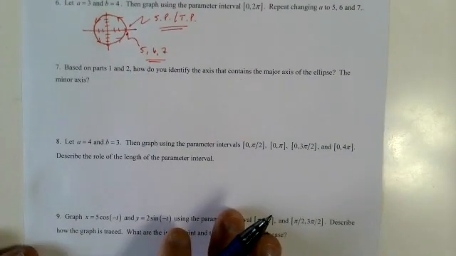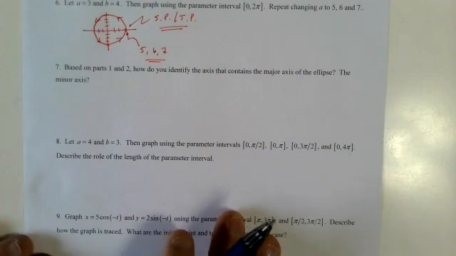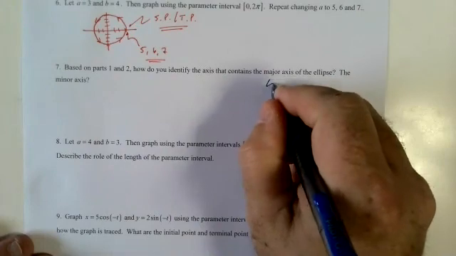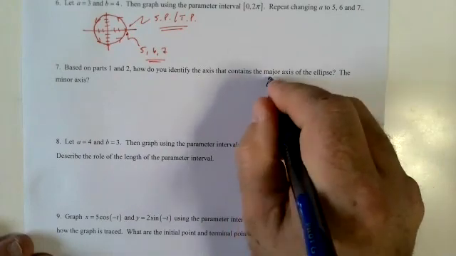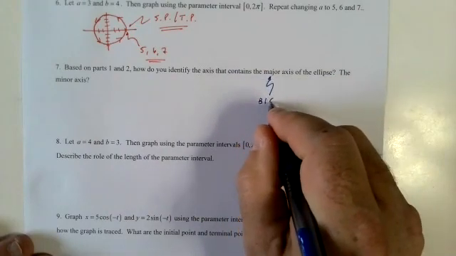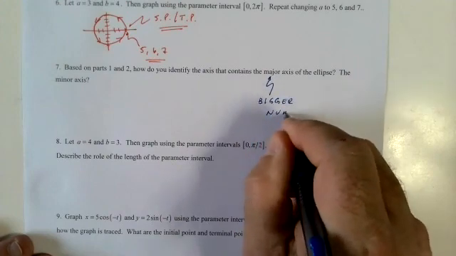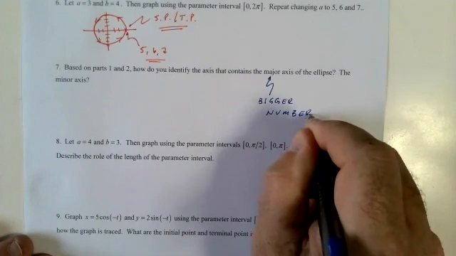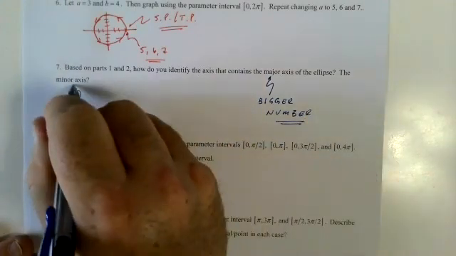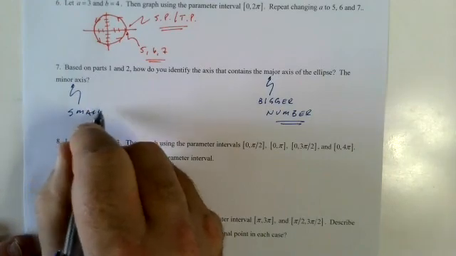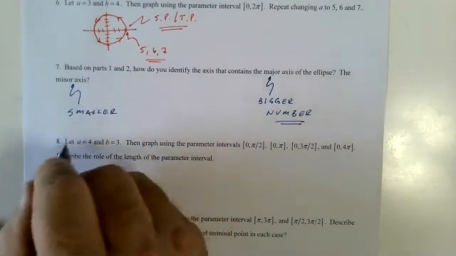So how do you identify the axis that contains the major axis of the ellipse? Well, the bigger number is going to be the major axis. And the smaller number will be the smaller axis, the minor axis.